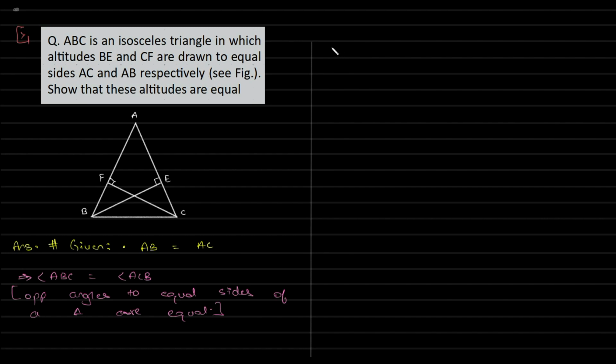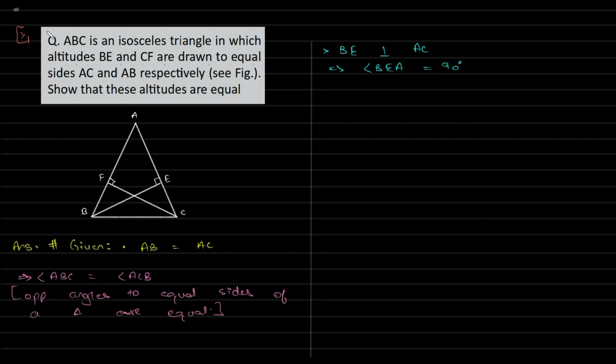So yes, we also have BE, which is an altitude, perpendicular to AC. This implies angle BEA is equal to 90 degrees.